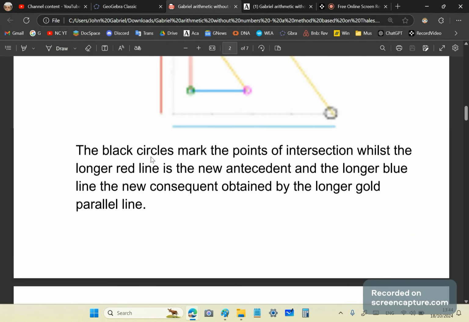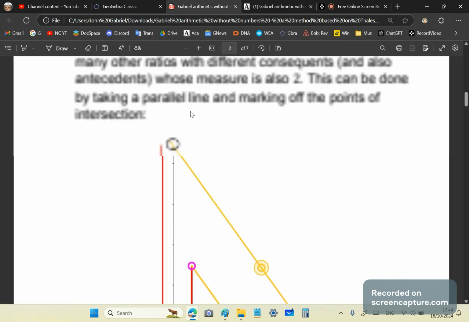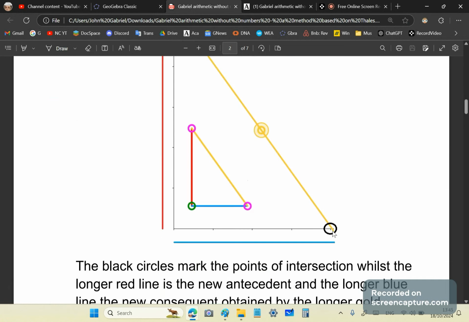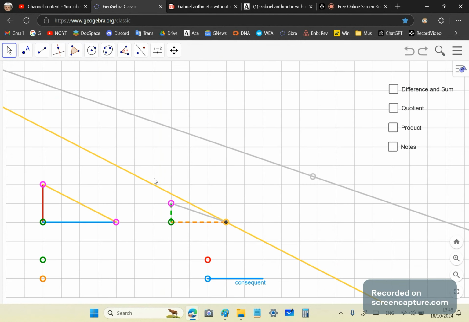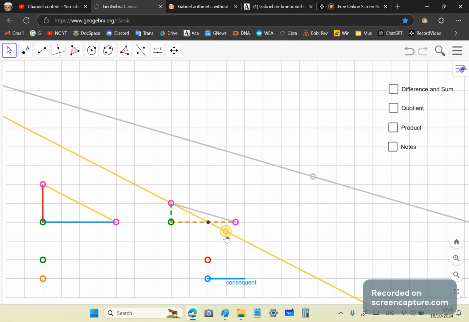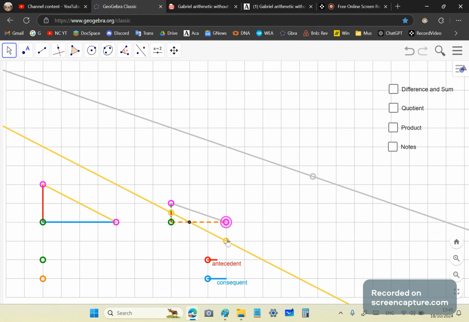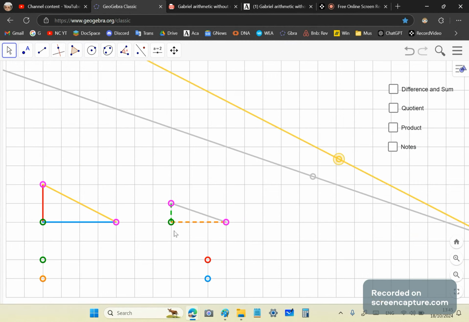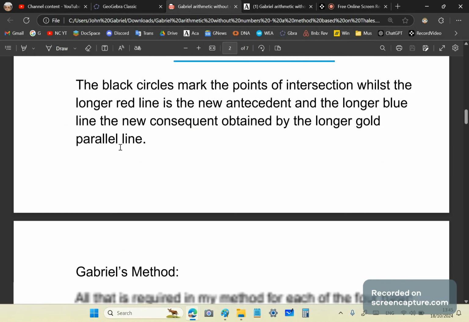And of course I demonstrate that to you by showing you how it works. If you take the triangle and you move it along, you can make it any consequent you like. It doesn't really matter what consequent you make it. So let's leave it at that and start on the different examples.